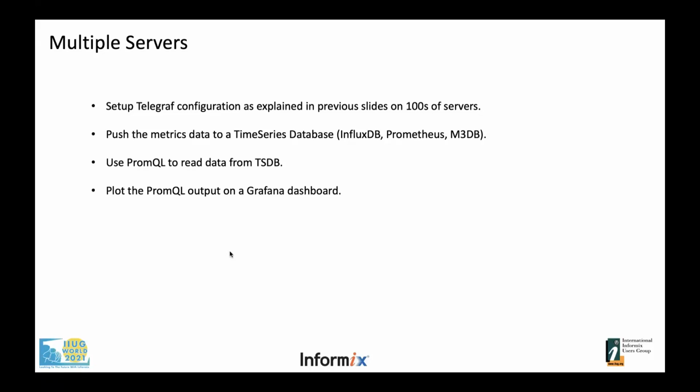And then from this time series database, we can use PromQL, Prometheus query language, to read the data and plot the output on a Grafana dashboard, or Prometheus dashboard, or a Chronograf dashboard. But Grafana seems to be the most popular choice.